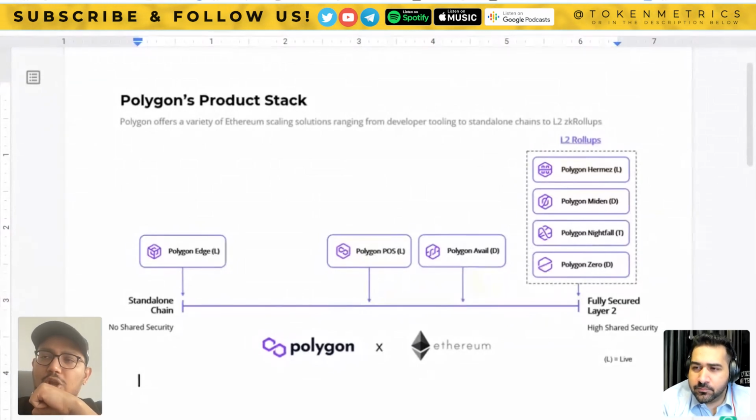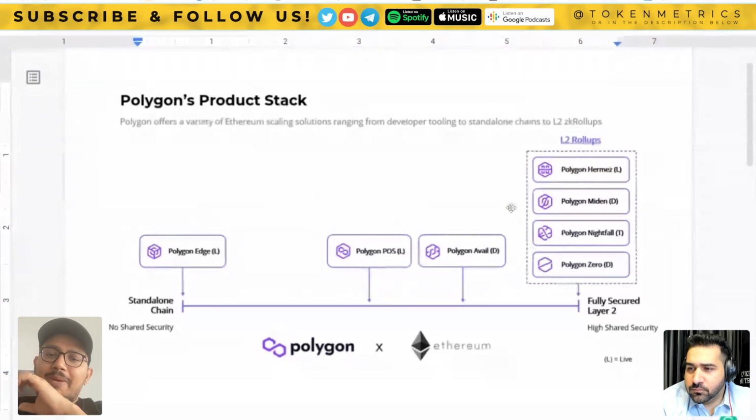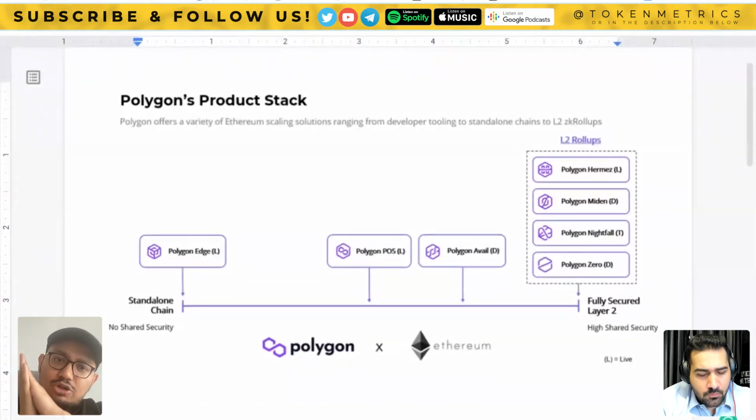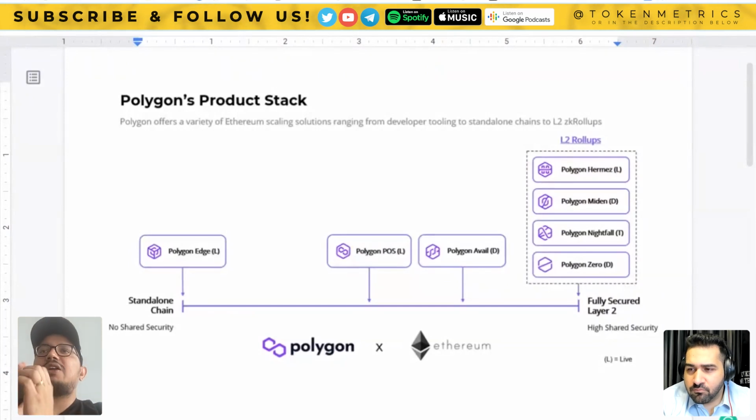Okay, and then Polygon Nightfall is a purely enterprise blockchain effort. So that is the reason why we have 4 different efforts.